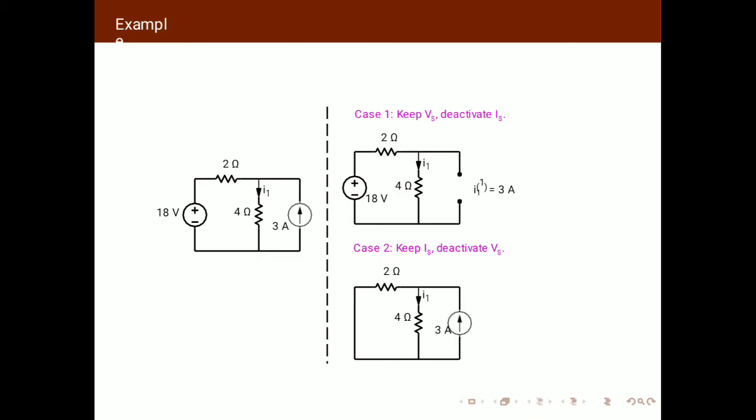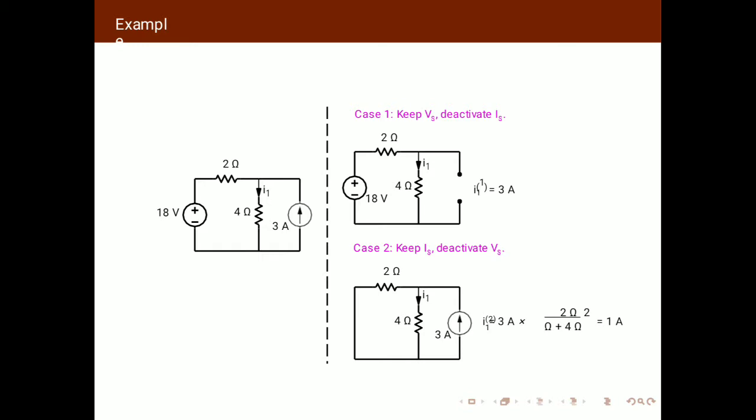In case 2, we get I1 double dash, and the current will be 1 amp. In case 1 we got I1 dash as 3 amps, and in case 2 the current is 1 amp. Both currents are in the same direction, upward to downward in the 4 ohms resistance.